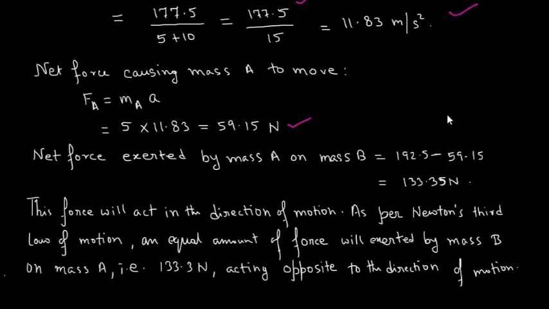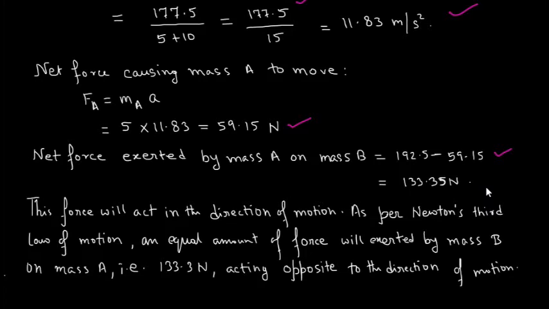So the net force exerted by mass m on mass A on mass B is equal to 192.5 minus 59.15, which is 133.35 Newton. More correctly, 133.35 Newton.